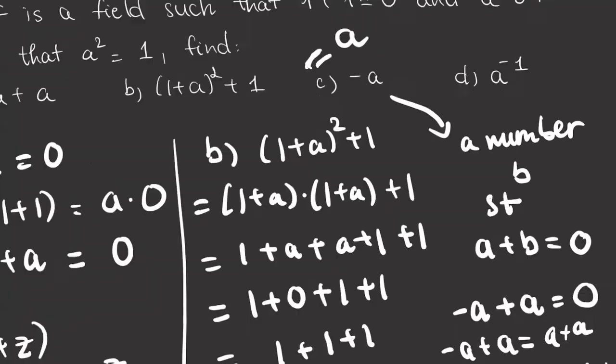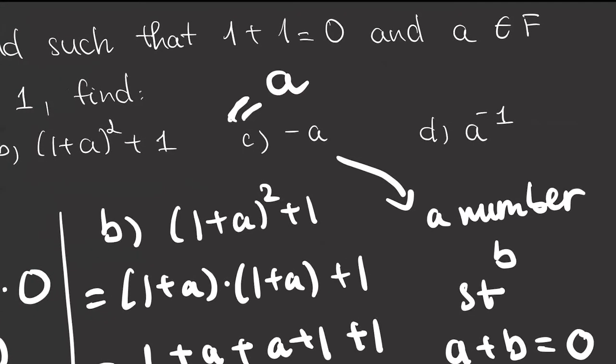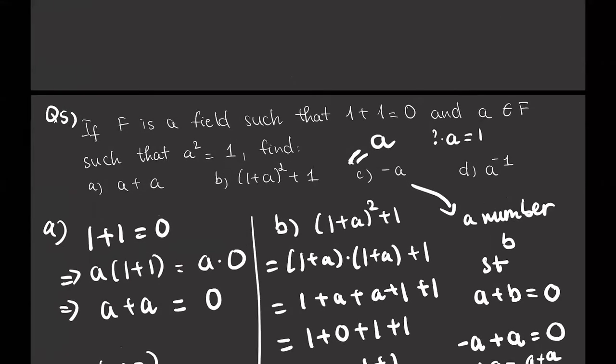And then the inverse of A. The inverse of A is a number such that we have something multiplied with A equal to 1. And that something will be the inverse of A. What should I have here?